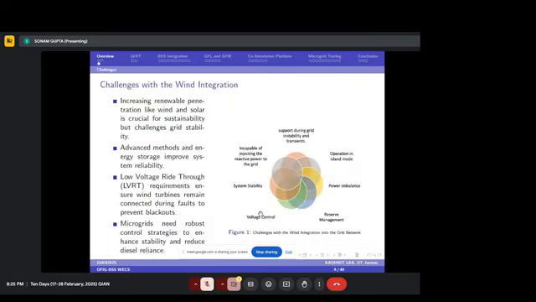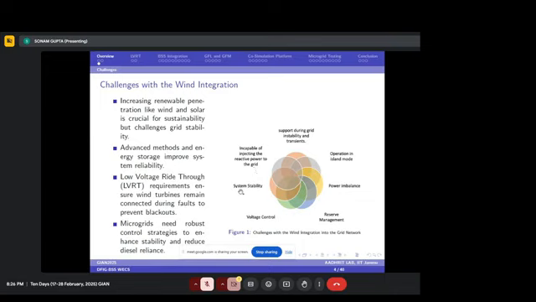So here the main concern is what are the challenges associated when we are integrating wind turbines or other distributed energy resources into the grid. As we know, renewable penetration is increasing, especially wind and solar, which is crucial for sustainability and reliability, but it comes with challenges of grid stability. One challenge we face with grid integration is the incapability of injecting reactive power to the grid.